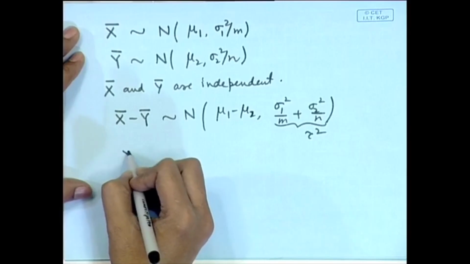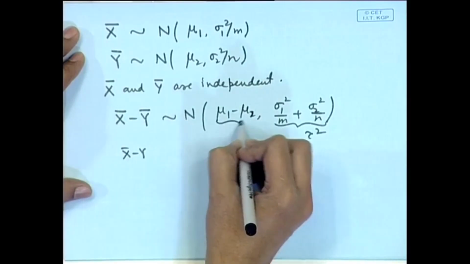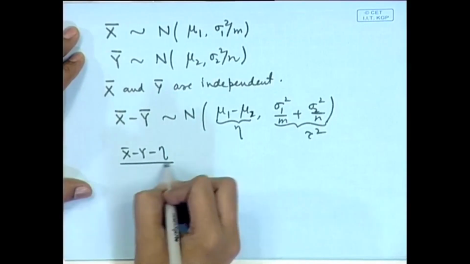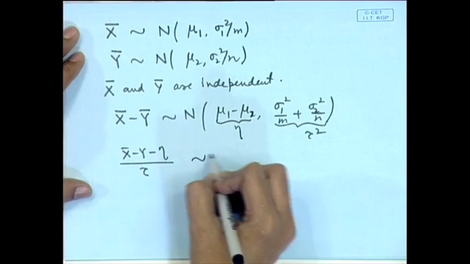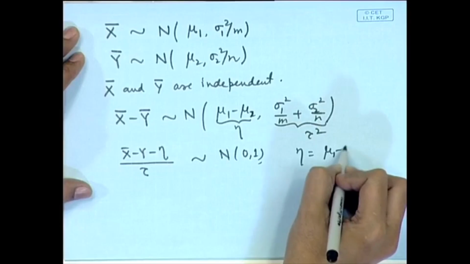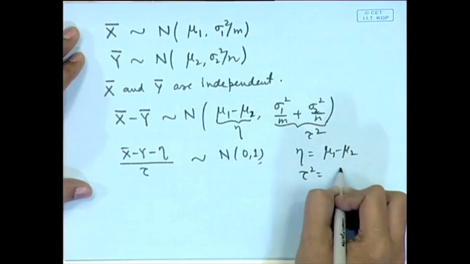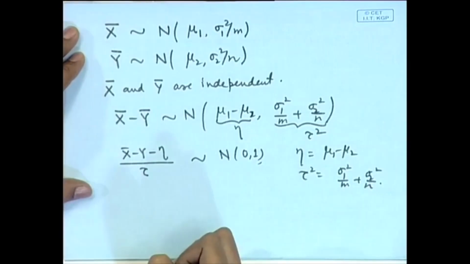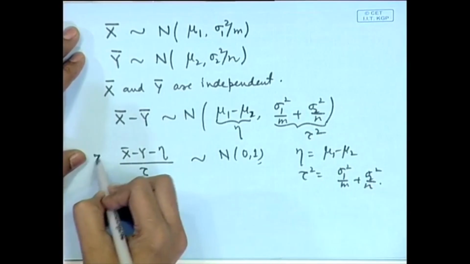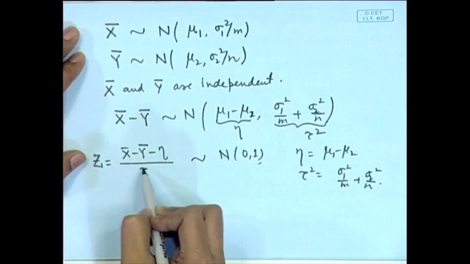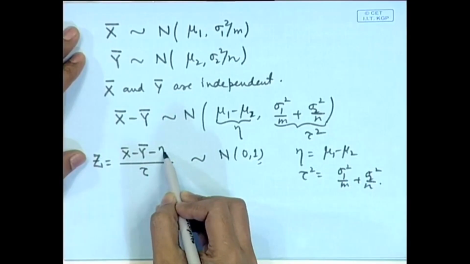So, we have x bar minus y bar minus eta divided by tau, that will follow normal 0 1, where eta is mu 1 minus mu 2 and tau square is equal to sigma 1 square by m plus sigma 2 square by n. Now, if we observe this random variable, then this is involving the observations and the parameter under discussion.